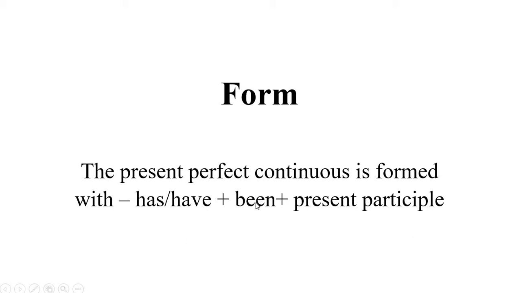This is the past participle of the verb to be, plus the present participle, the main verb with ing. So I repeat, you have two auxiliaries. You have the verb have plus the verb to be plus your main verb, which is written with ing. This is the form of the present perfect continuous.